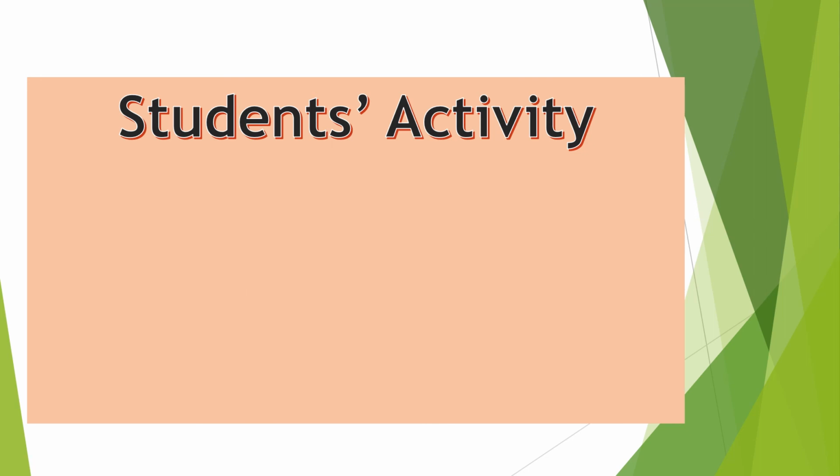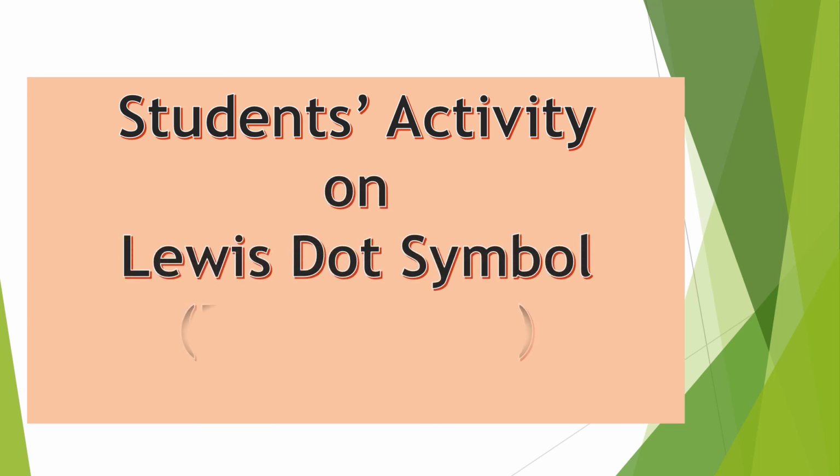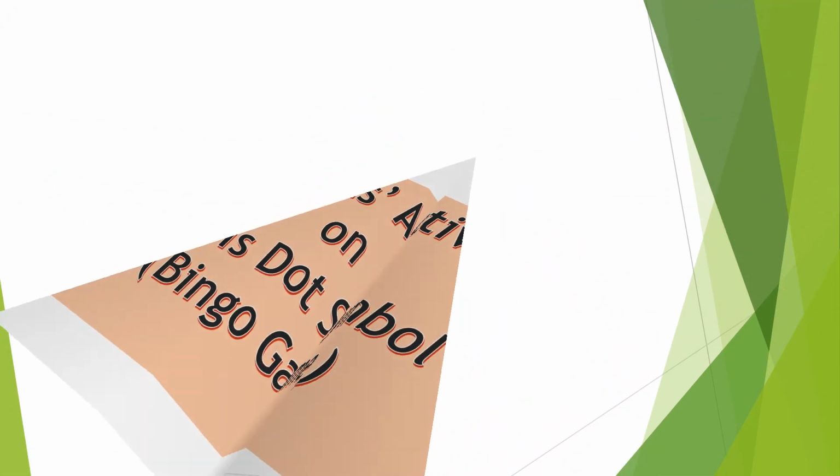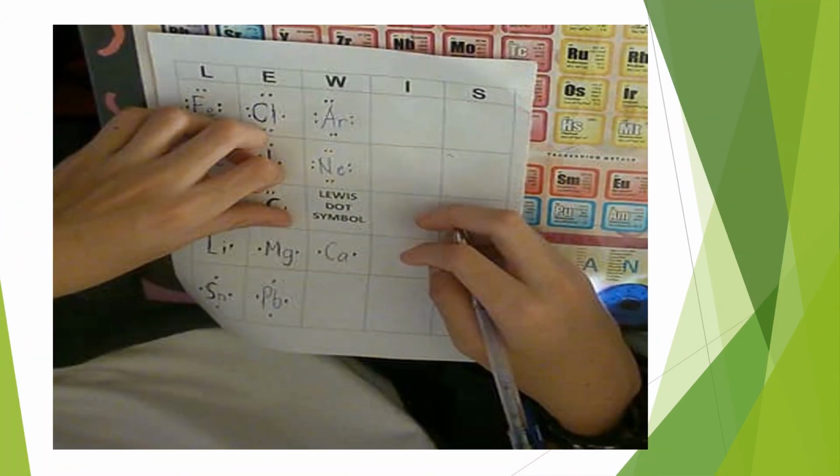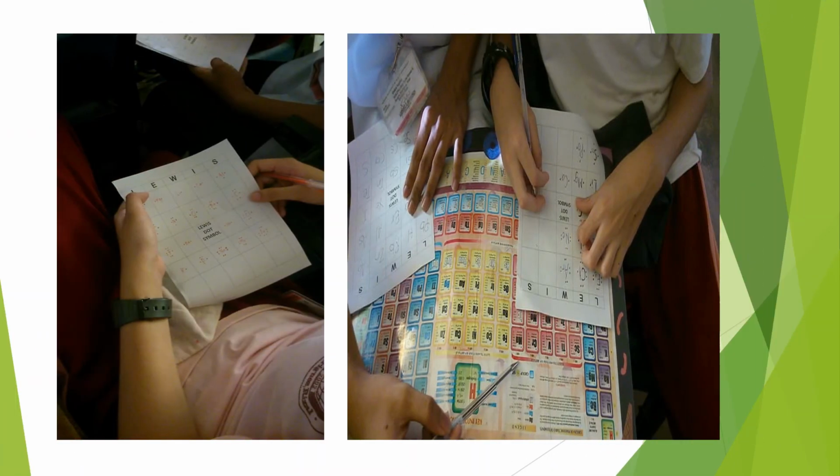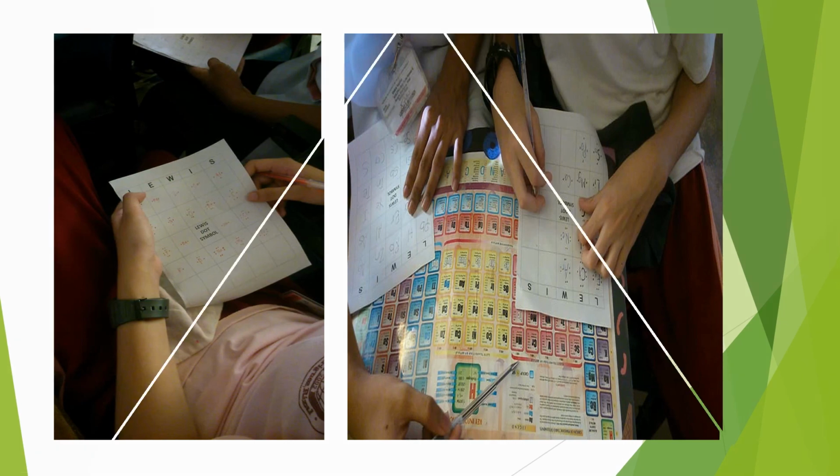Here is an example of a student's activity on Lewis dot symbol, the bingo game. Students will write the Lewis dot symbol in their card. It should have the correct number of dots around the atom.